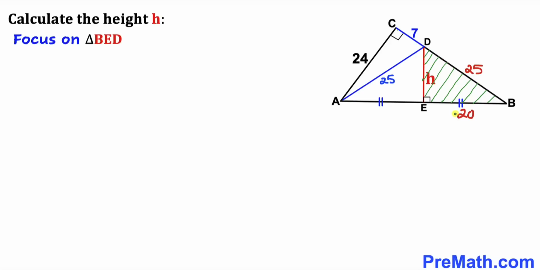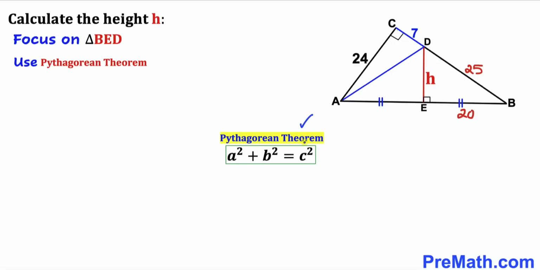Let's go ahead and focus on this right triangle BED, whose side lengths are 25 on this side, 20 on this side, and this height is h. Therefore, we are going to use the Pythagorean theorem to find out the height h. Here's our Pythagorean theorem once again: a square plus b square equal to c square. Let me call this longest side BD our side c.